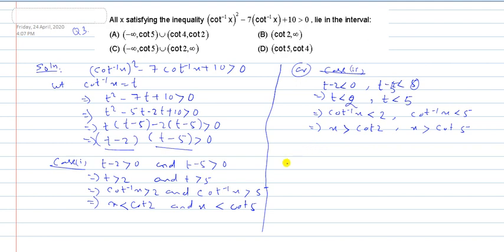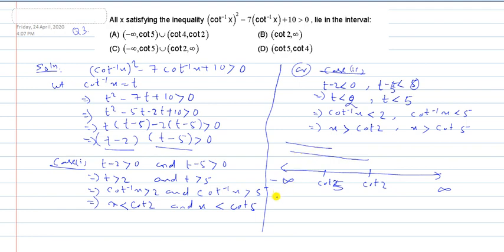Okay, so now let's draw the number line. Look at the first condition. First it will be cot 5, then it will be cot 2, because it is a decreasing function. This is minus infinity and this is plus infinity. From this I am getting less than cot 2, that means this region, also this region.